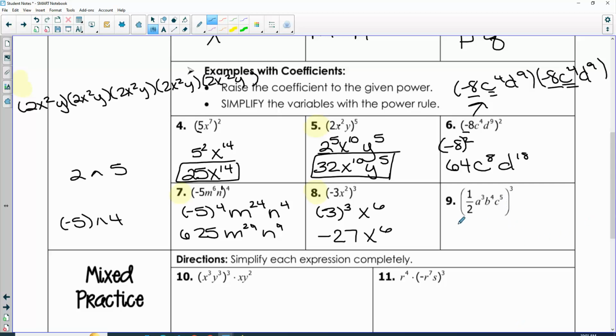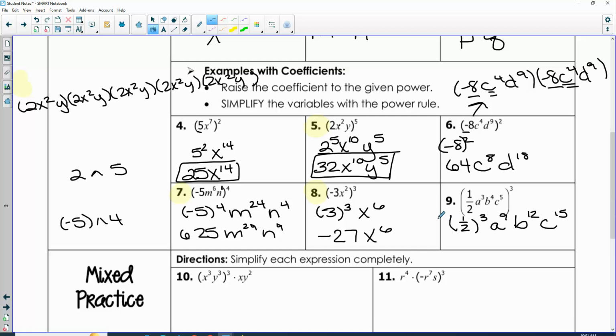Okay. Let's look at number 9. We have to do 1/2 to the 3rd. It would become a to what power? B to the, and C to the 15. Everybody, type in 1/2 to the third for me.